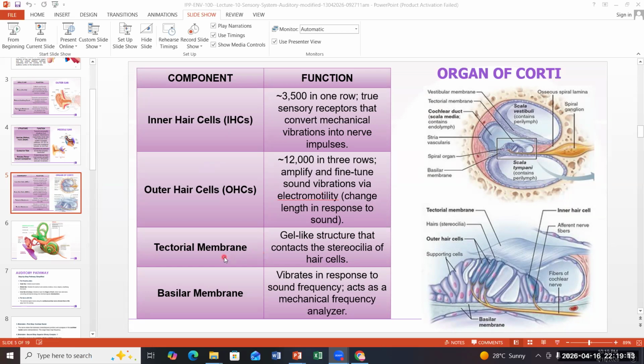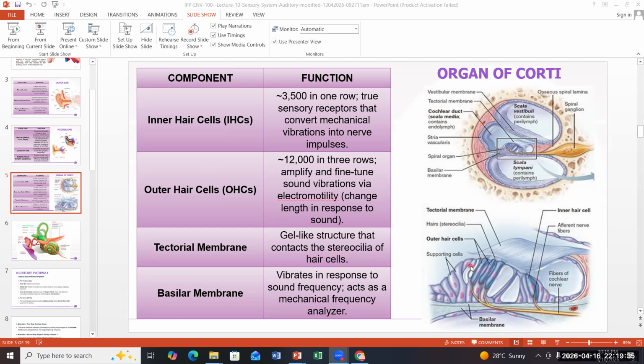For that reason the person is not able to hear properly. The next one is the tectorial membrane. If you look at the top of the outer and inner hair cells, there is the tectorial membrane. This tectorial membrane is a gel-like structure, and it contacts both outer and inner hair cells.